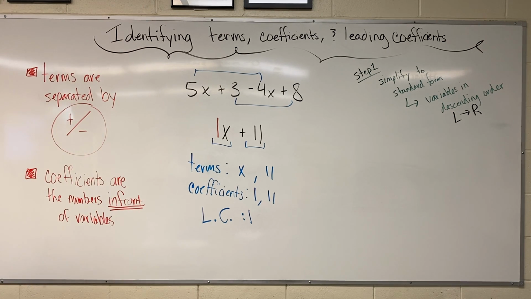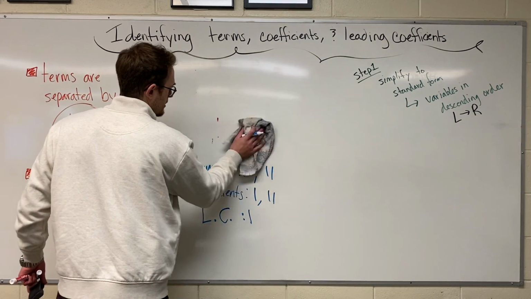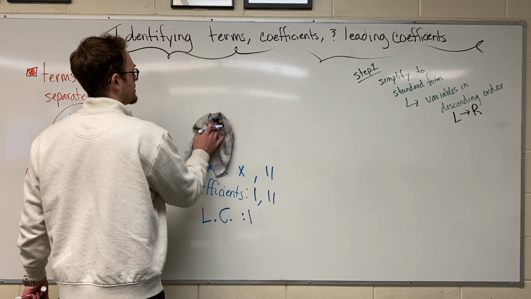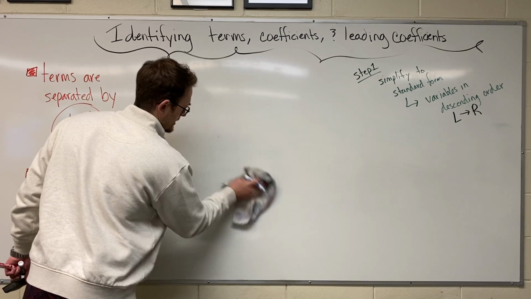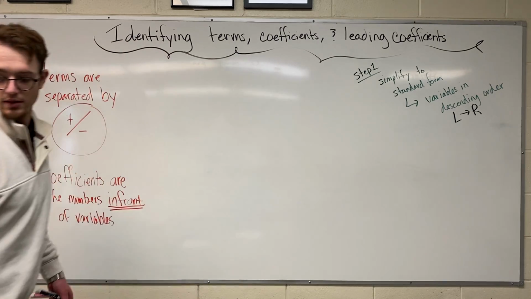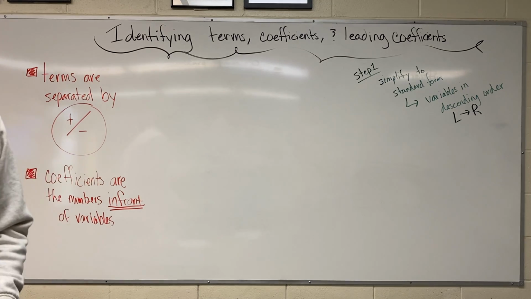So, one more example. Because you don't always have 2 terms. Don't always have 2 terms, which kind of actually makes things easier. So here's an example of something where you might not have 2 terms. All right, this is the last example for this video, so let's get this done.